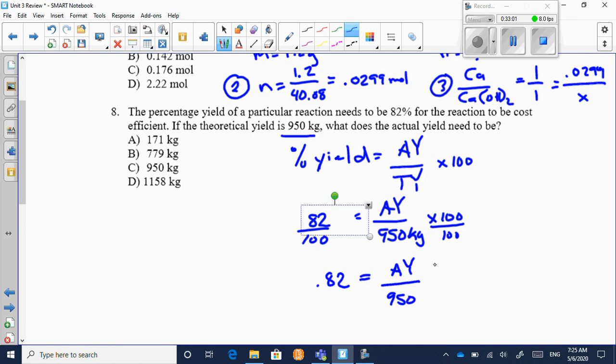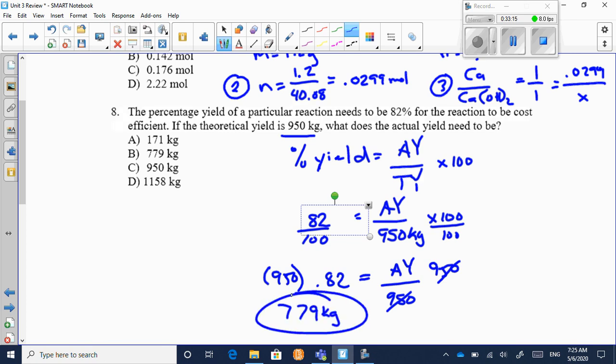And then you get rid of the 950 by multiplying both sides. Whatever you do to one side of math, you've got to do to the other. And so it's going to be 0.82 times 950. And when you do that, you get 779 kilograms. Okay, so there's B.